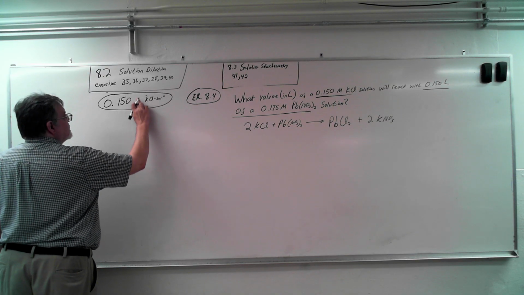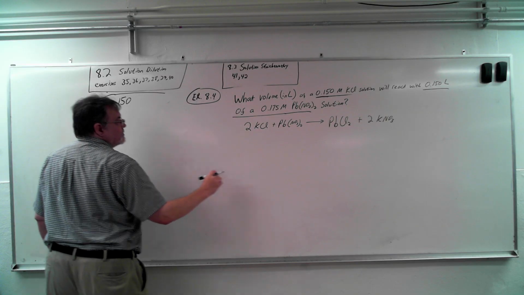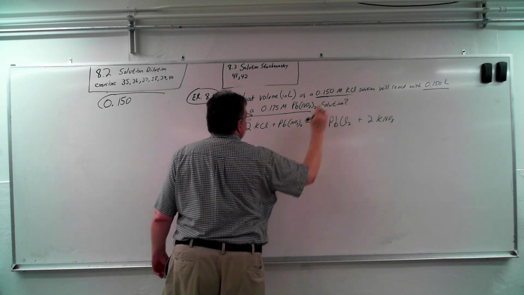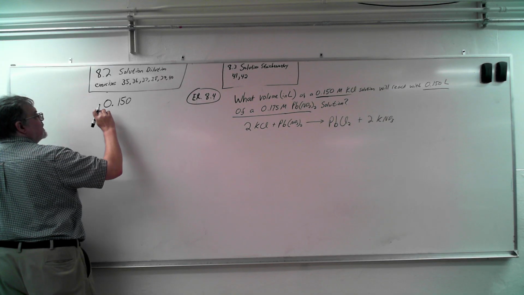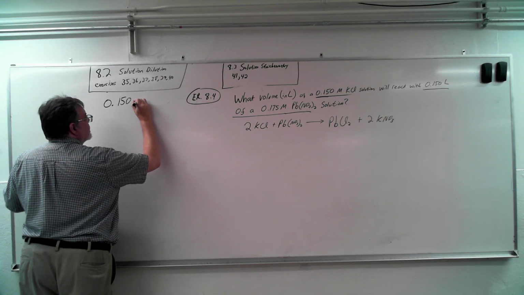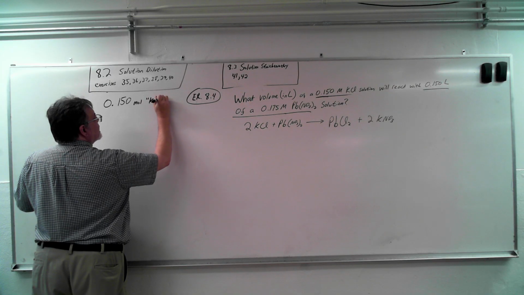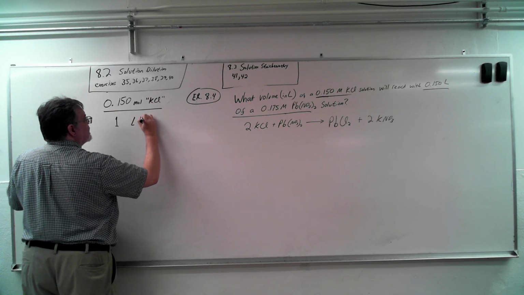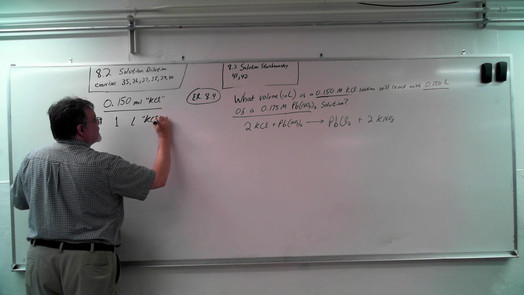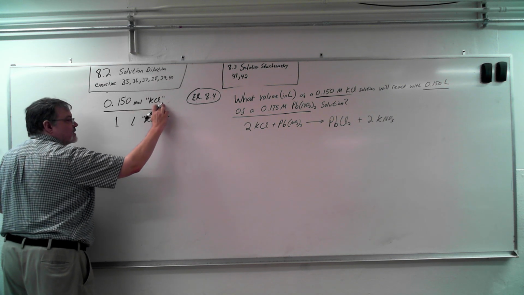Crap, this is a concentration. I shouldn't have put liters there. What I needed to do, because there's an M there, is go moles of KCl to 1 liter KCl solution. All right. Moles, it's just KCl.